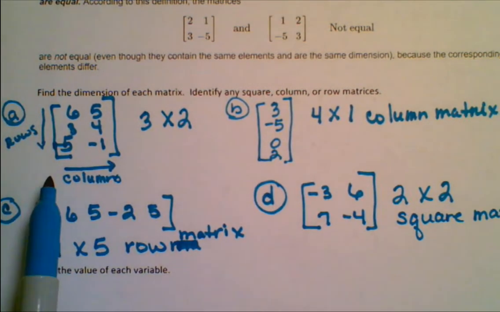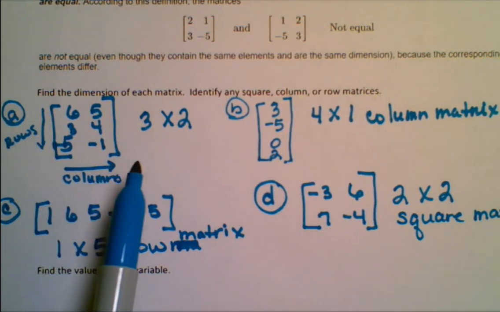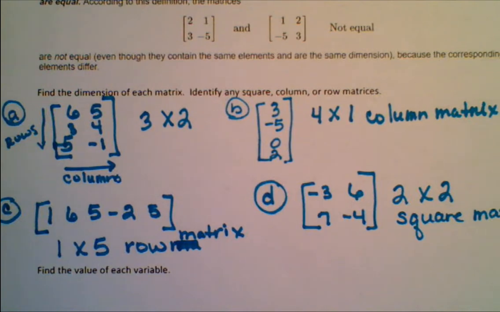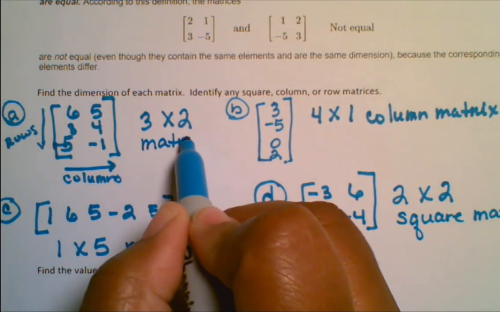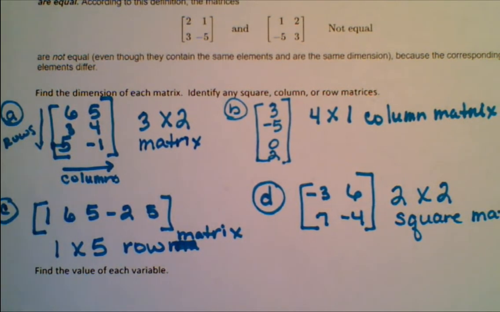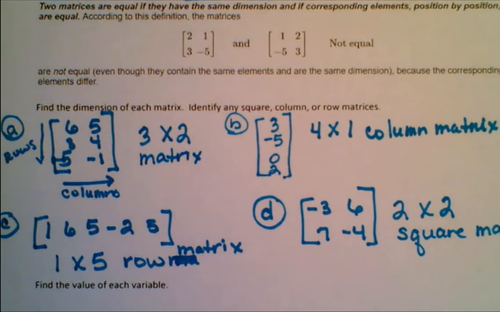Now, letter A here doesn't have a special name because there's nothing special to this other than to say it's a 3 by 2 matrix. So that is identifying the dimensions of a matrix.